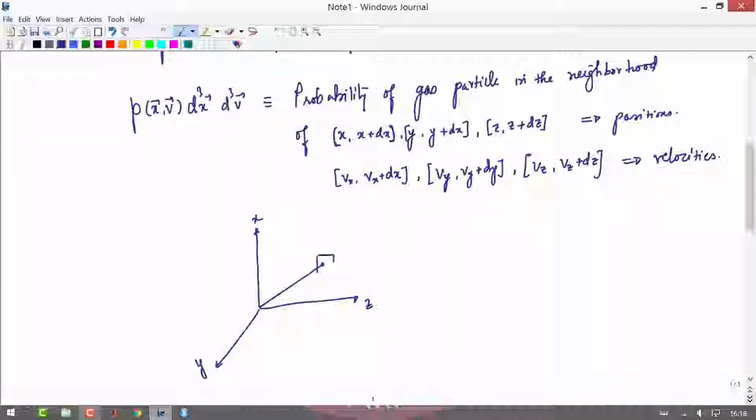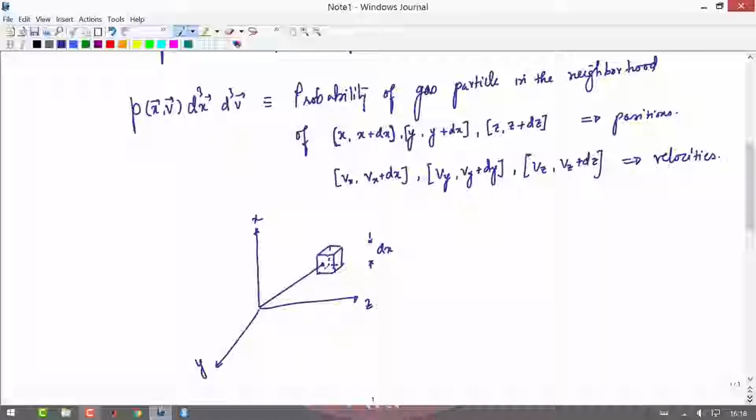Now this is a 3-dimensional cube at some location. The thickness of the cube is basically dx, dy, and dz, and dx dy dz is basically the volume of this cube at location x, y, z.